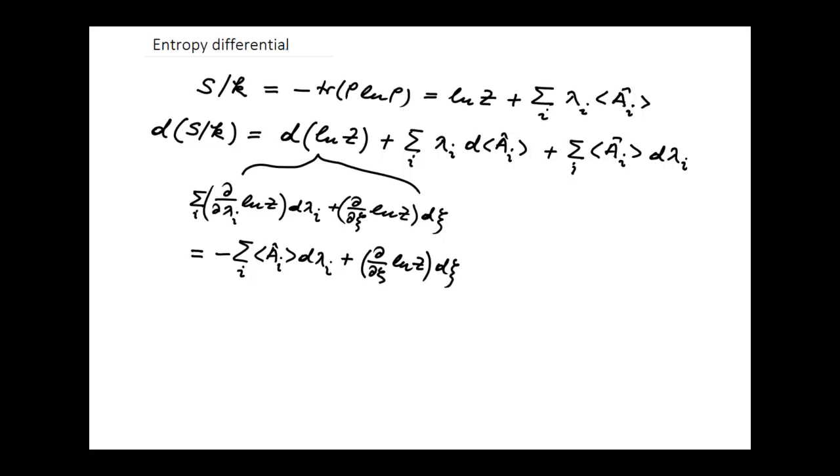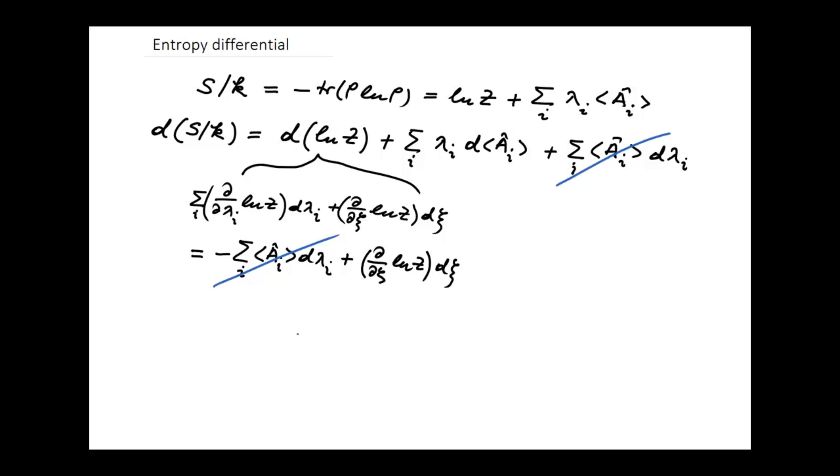Now let's combine these two terms with the others that still remain. And you see that this term here, the sum over I of the expectation value of AI d lambda I, has a minus sign in front, and it cancels with that term. It has the same structure but has a plus sign in front.